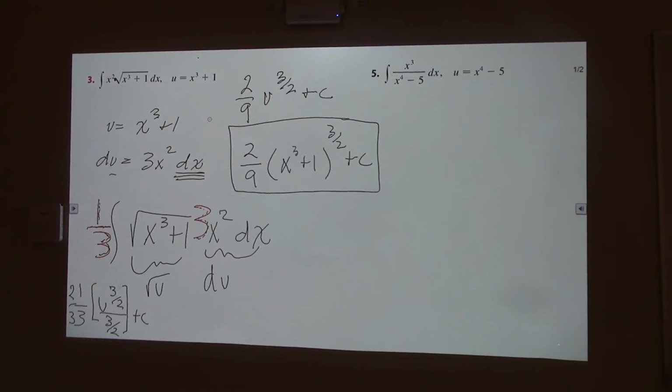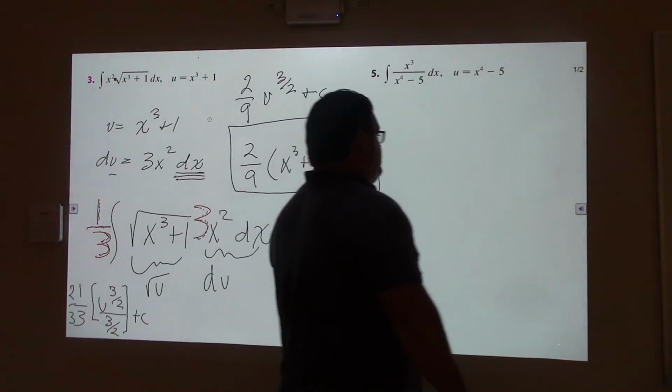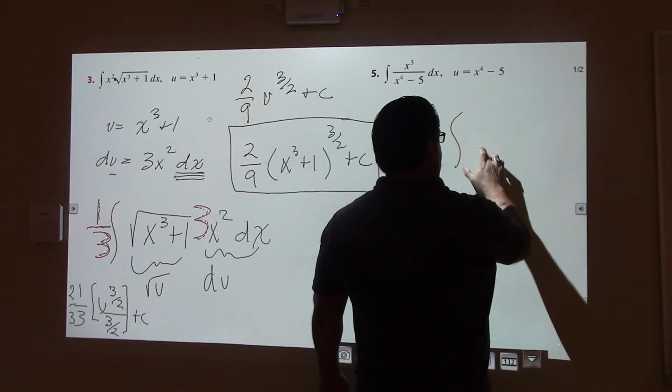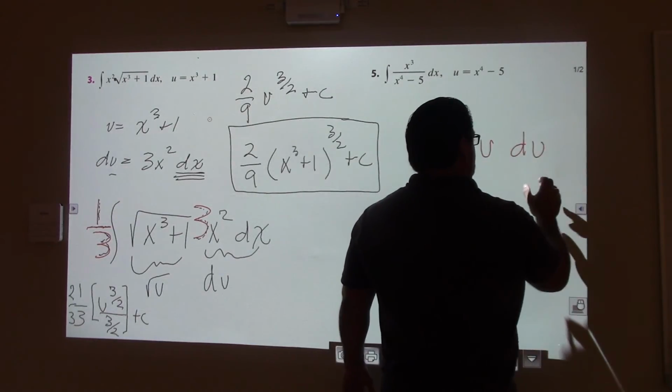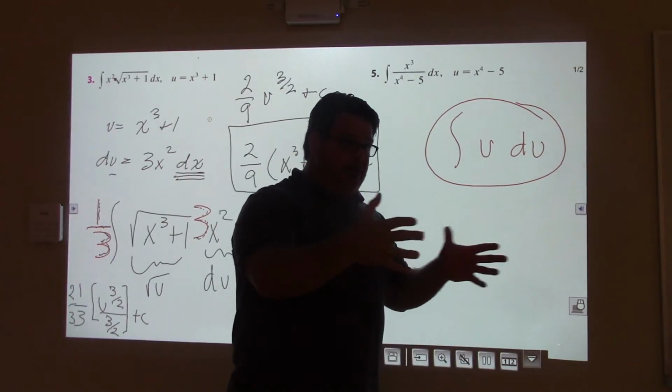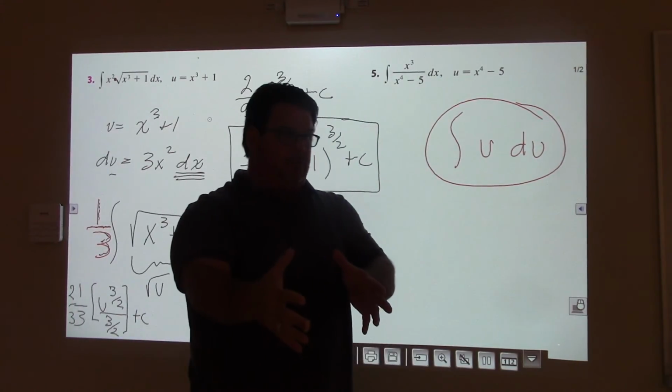You don't have a product rule for integration. There is none. So you have to use substitution. Okay, everybody get that? And substitution basically says that you can take the antiderivative of u du. But in order to do that, you have to have it set up as u du.